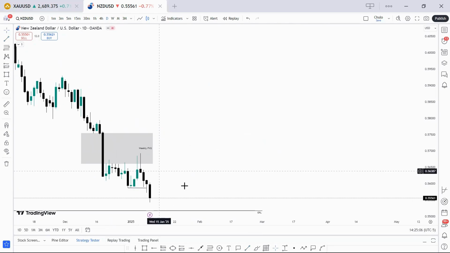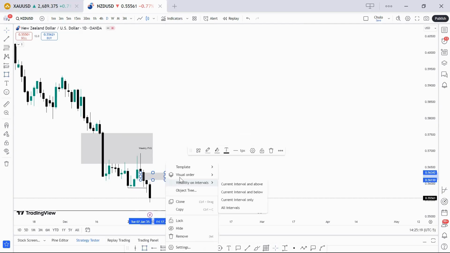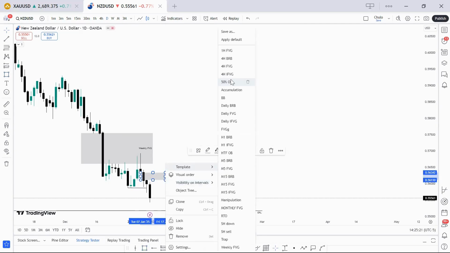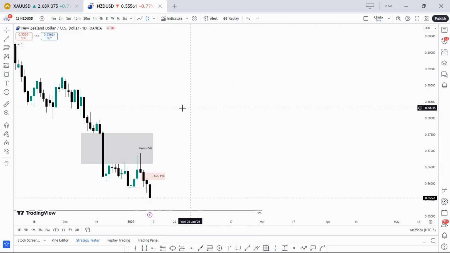What's the next thing price needs to do? The next thing I'm expecting price to do is to come for this internal range liquidity, and then give us the continuation of the sell.